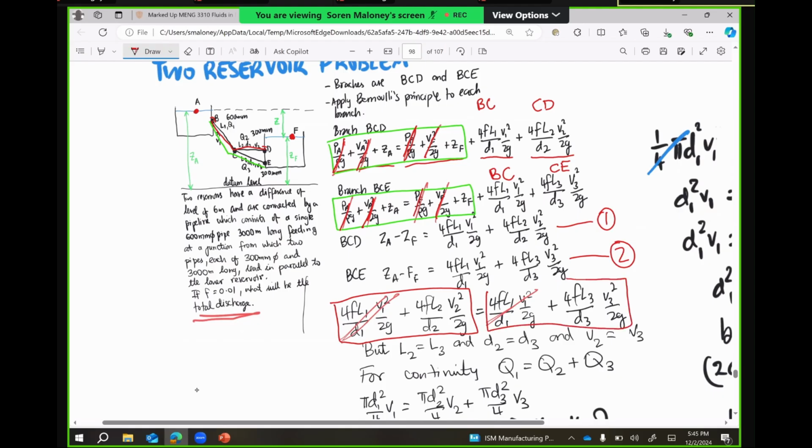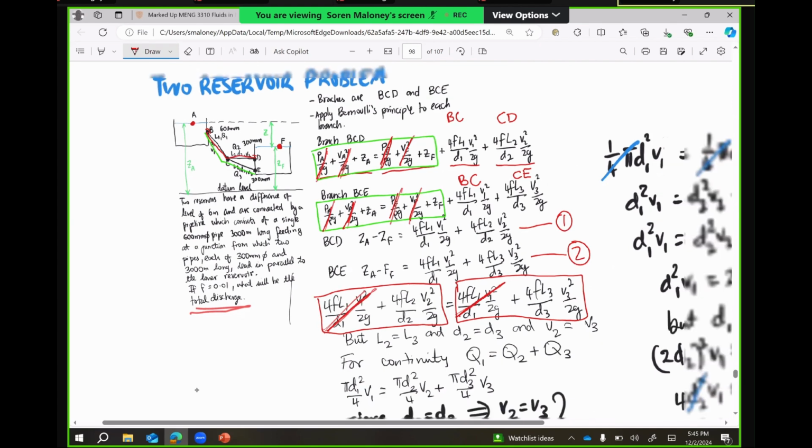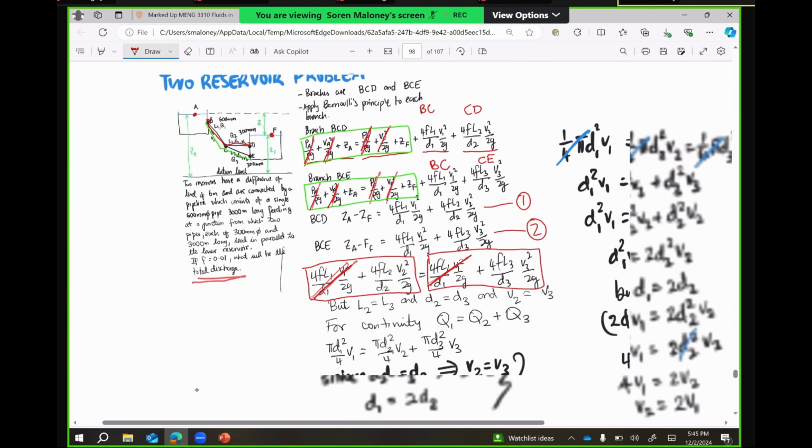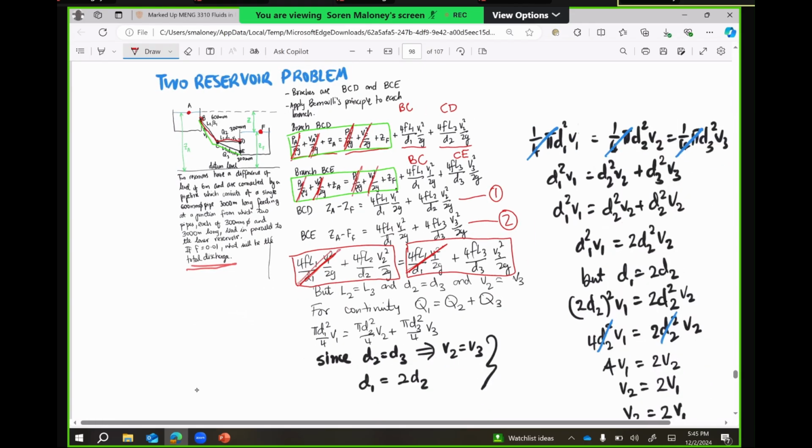You can see that because they are equal, right? So now I can eliminate the expression with V1 inside of it, right? But the problem tells you L2 and L3 are the same, right?